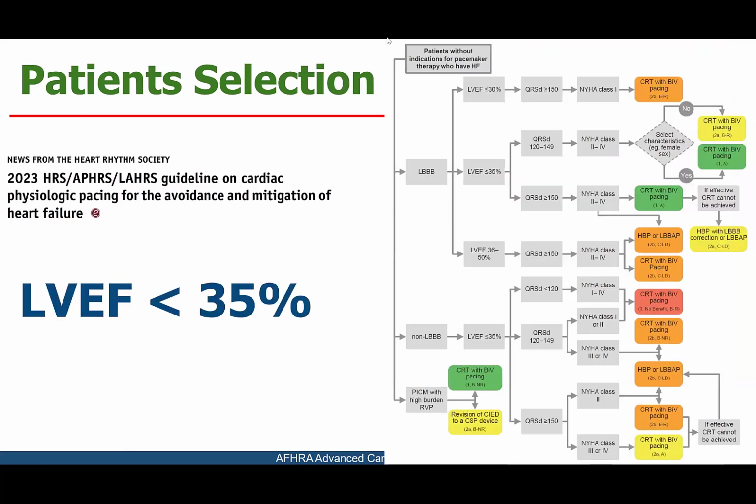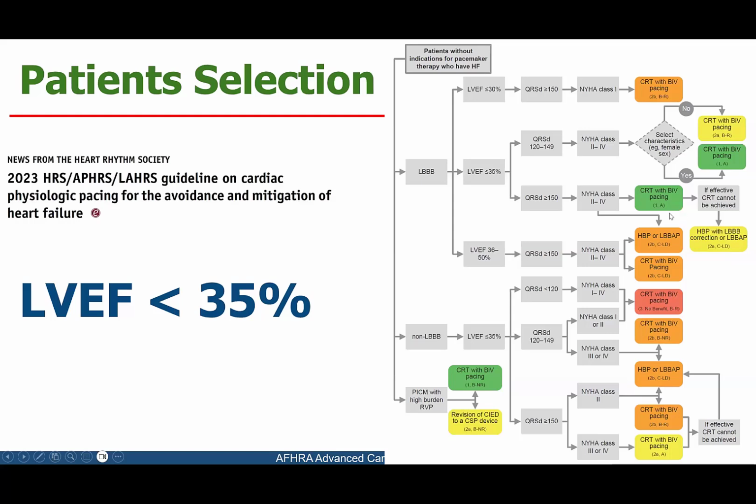So in this graph, you can see that in patients with LV ejection fraction less than 35%, we have a clear indication for biventricular pacing, with a Class 1A indication.